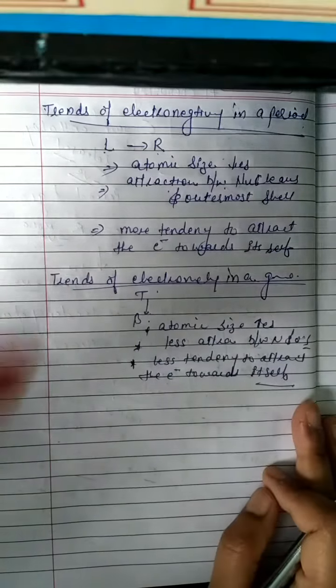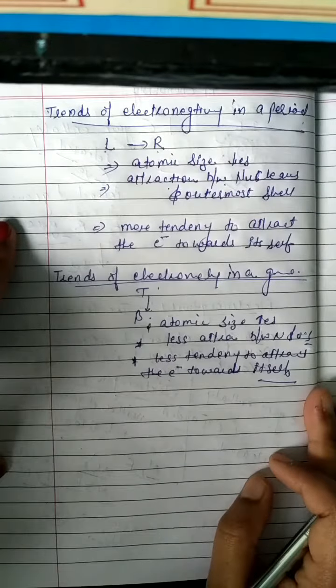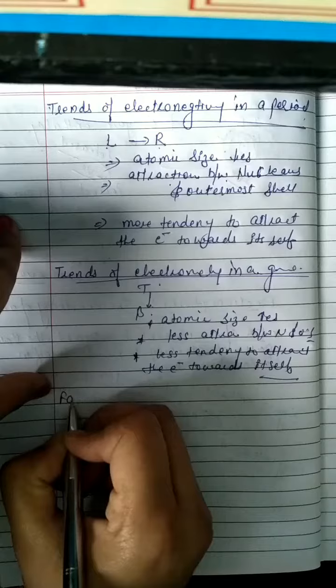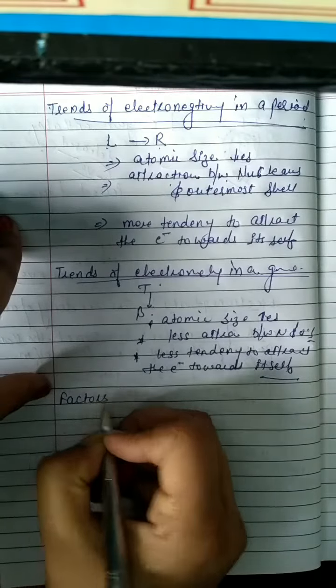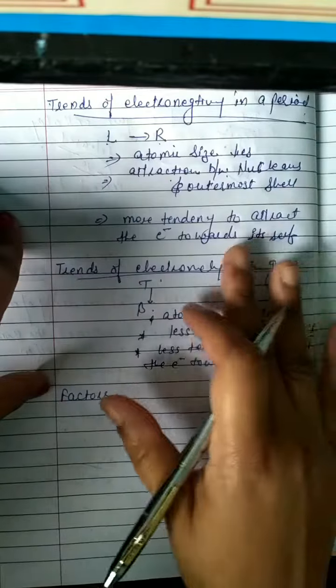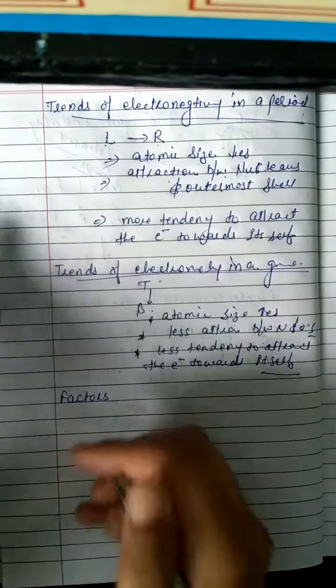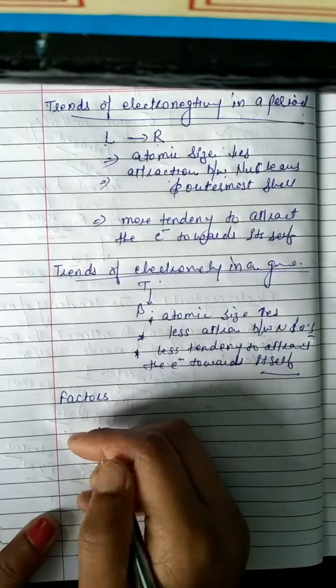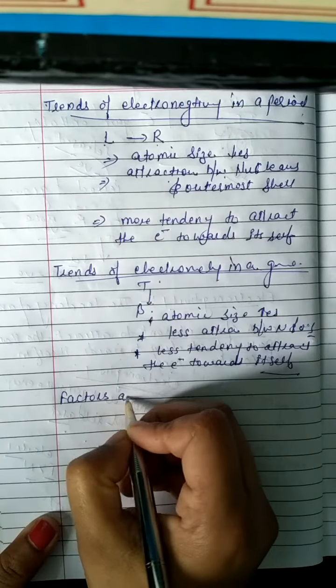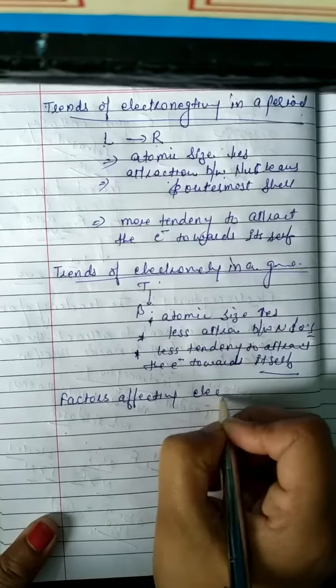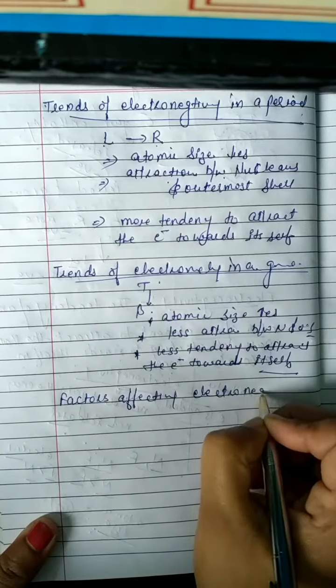Mostly they depend upon the atomic size. But there are other factors on which electronegativity depends. We have mostly discussed atomic size, but there are other factors affecting electronegativity.